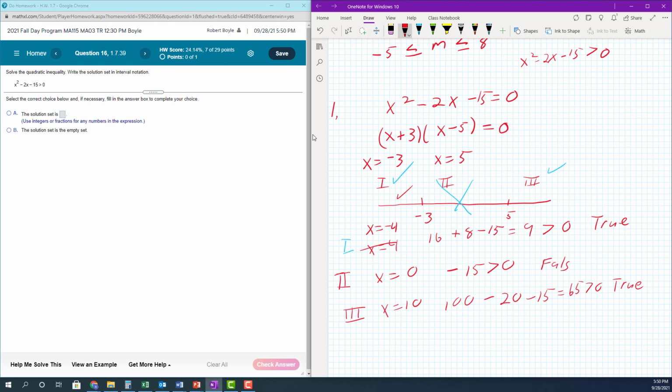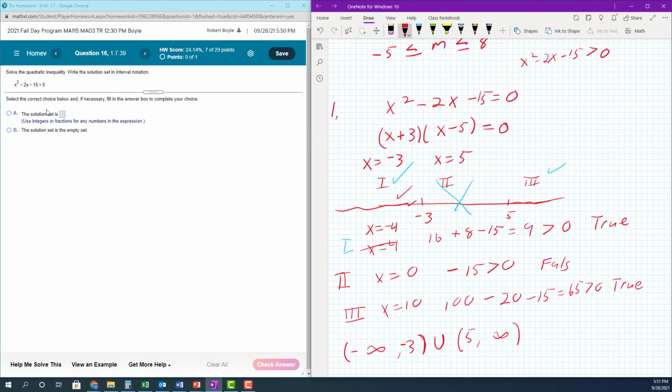So our interval should be the union of this one right here and this one right here. And that is going to be from negative infinity to negative 3. Since we have a strict inequality, it's going to be a parenthesis, union, and then from 5, and again we have a strict inequality, so we're going to have a parenthesis, all the way up to infinity. And that should be our answer.